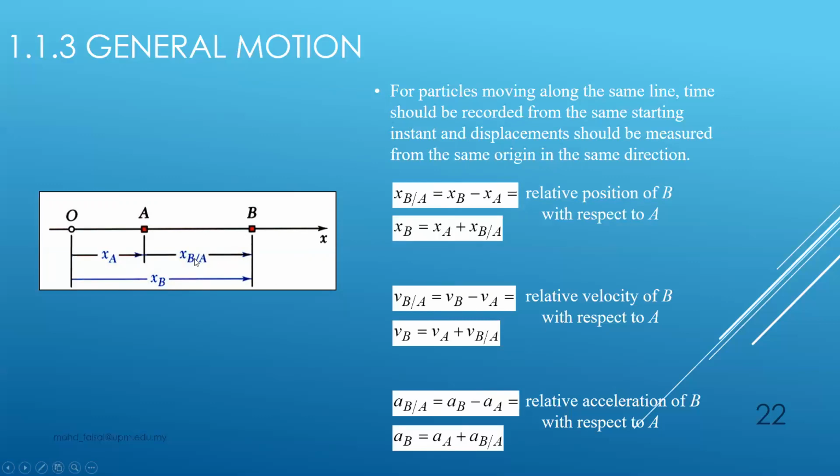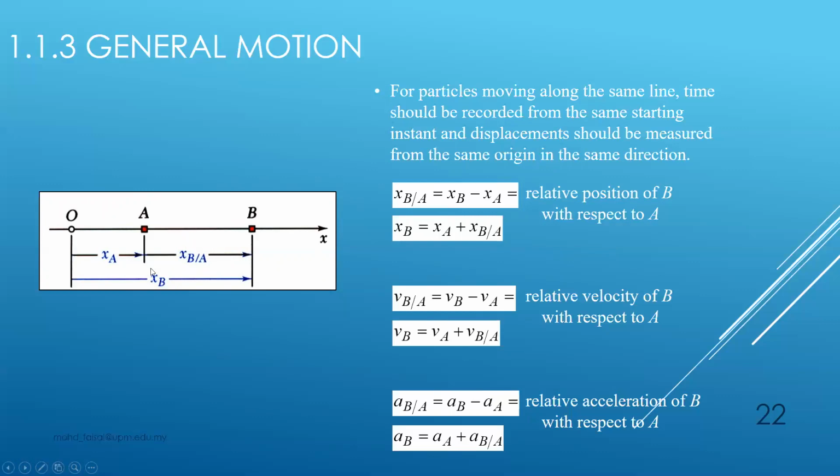What does it mean actually? B/A means B with respect to A, because before this red dot reaches point B, it starts from point A. So from here to here, we call it XB/A, the position of B with respect to point A.